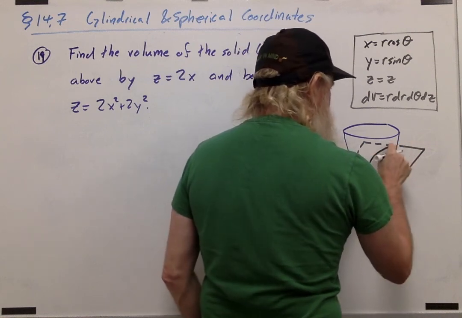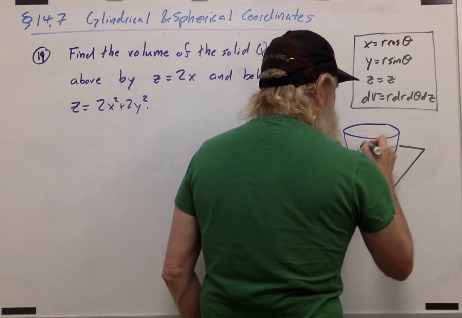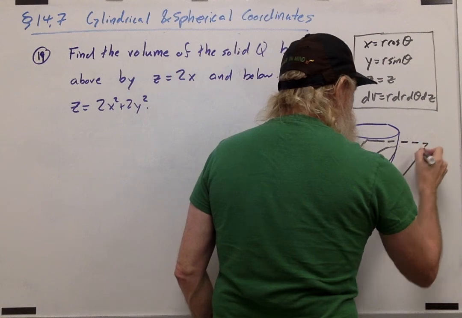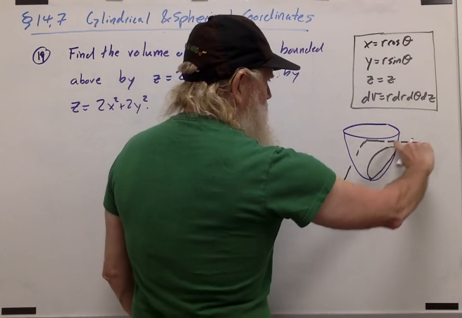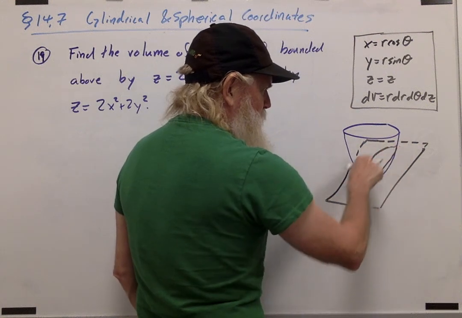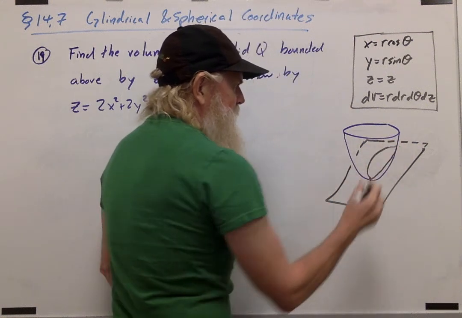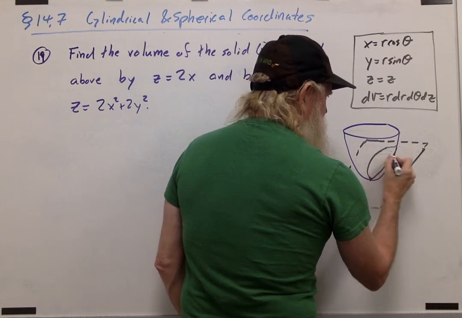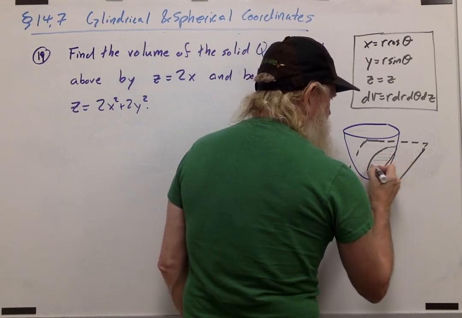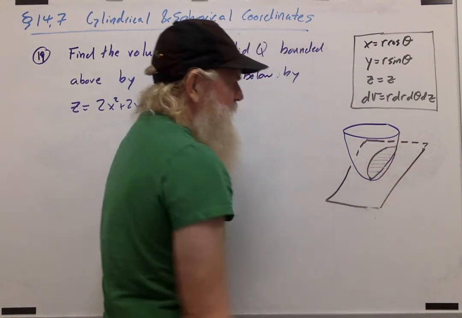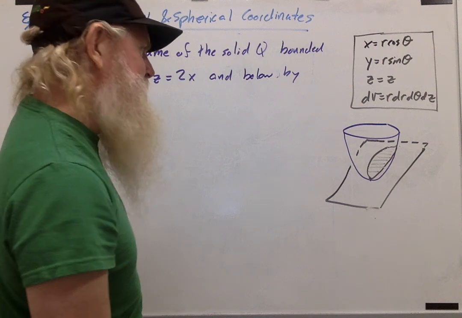So cutting through the paraboloid, I'll have kind of a circular or oval shape like that. And the plane, this flat part, is going to be the top surface of the solid, and this curved part on the bottom is going to be the bottom part of it.